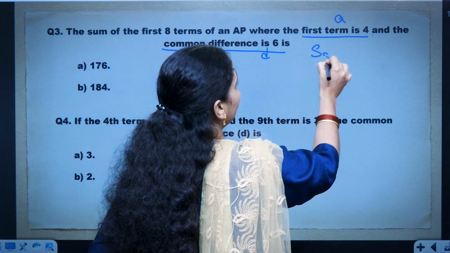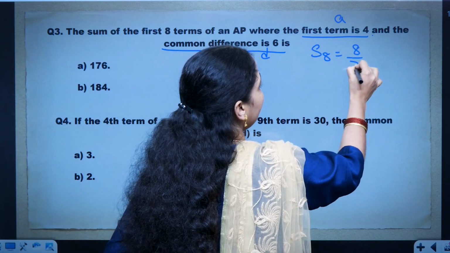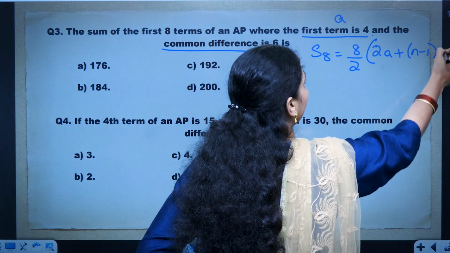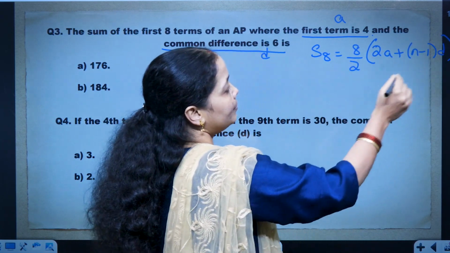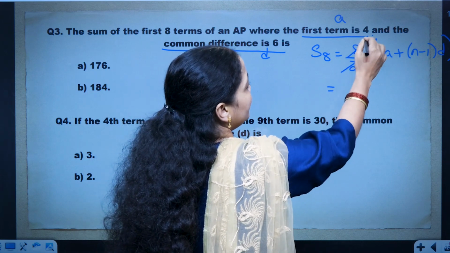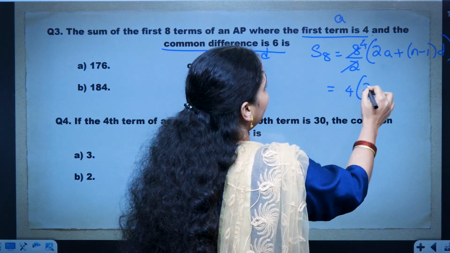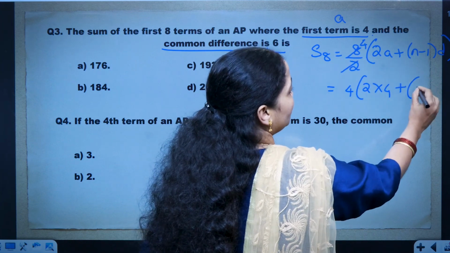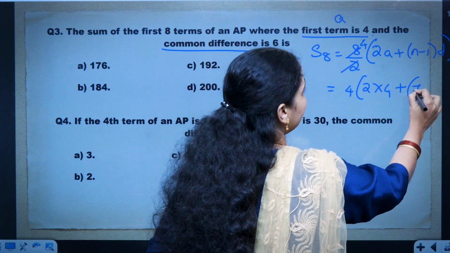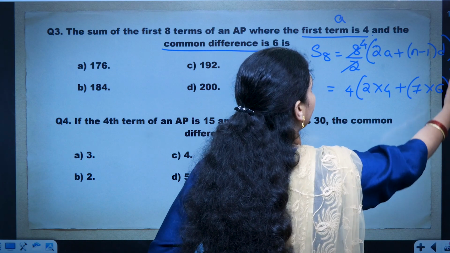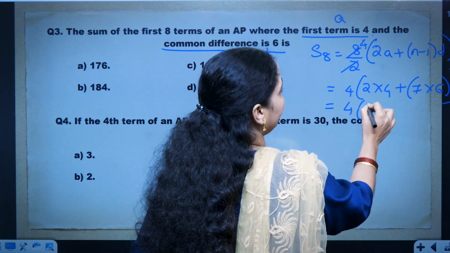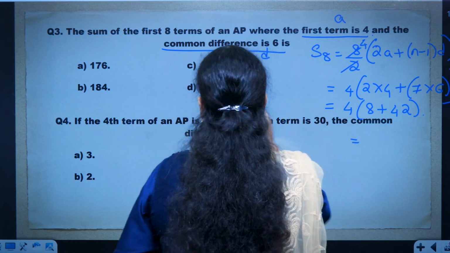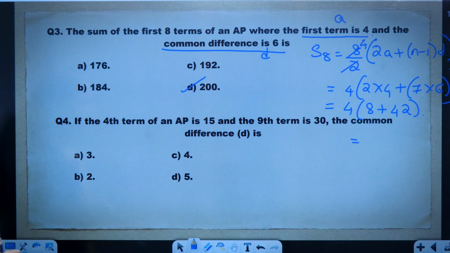S8 will be equal to 8 by 2 into 2A plus n minus 1 into D. So 2 into 4, that is A, and I have to find 8. So my n is 8, 8 minus 1 will be 7 into D is 6. Hence 4 into 8 plus 42. So 4 into 50 is 200 will be my right answer here.